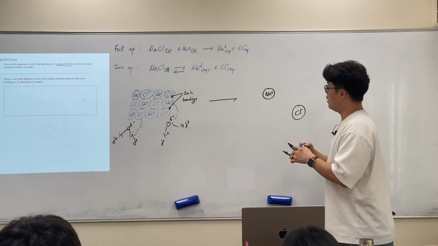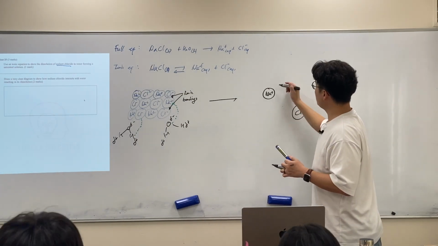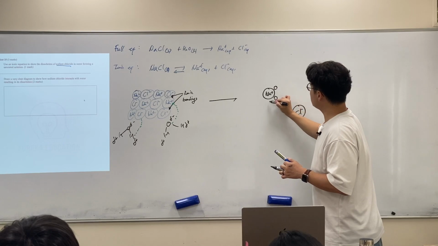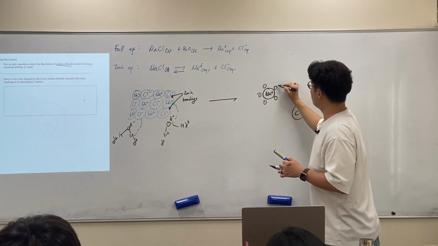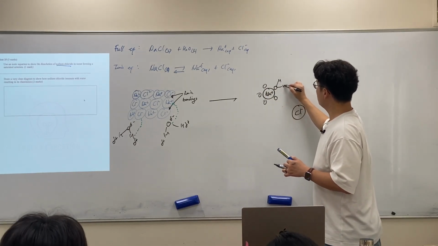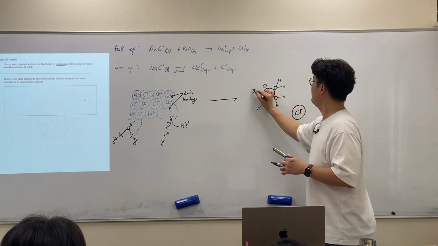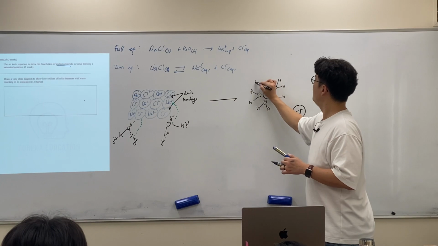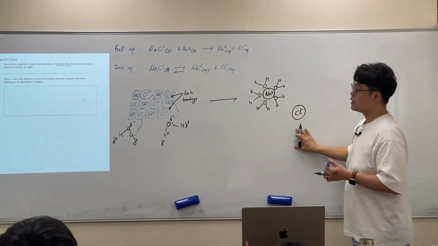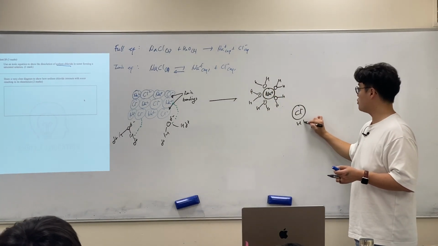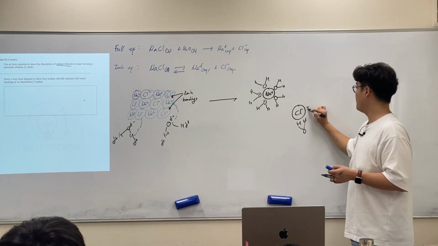Water molecules come along, so the sodium ion will be surrounded by the oxygen heads, multiple oxygen heads like this, and the chloride ion will be surrounded by the hydrogen tails of the water.